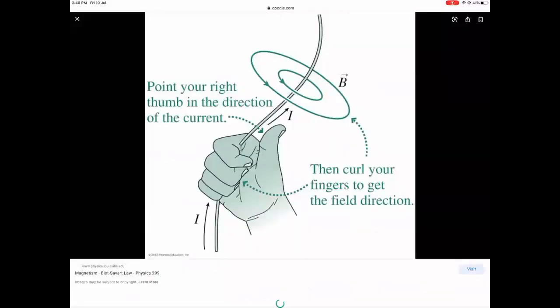This is how you point your right thumb in the direction of the current and grab the wire. Then curl your fingers to get the direction of the magnetic field. So here you see they have drawn it beautifully. For anything, this is how you get it.